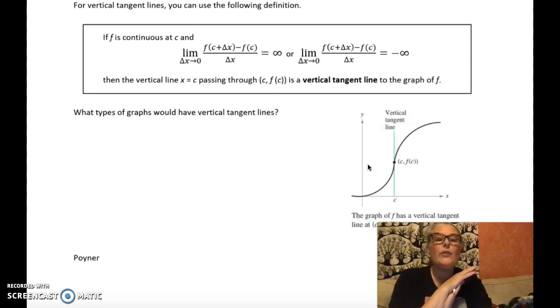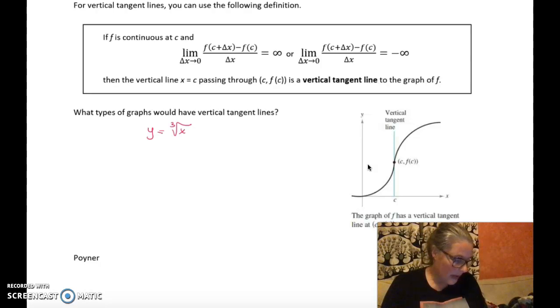So what types of graphs would have vertical tangent lines? There are a whole bunch of them. One is, for example, the cube root of x. You could have it in circles, like graphs of circles on the coordinate plane. They're all kinds, but a really obvious one is the cube root function. It looks like this.